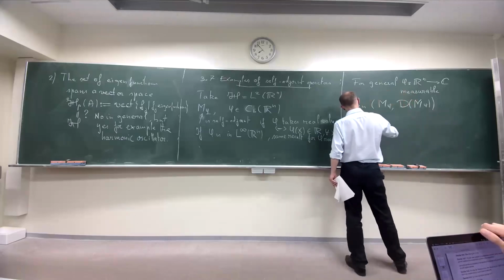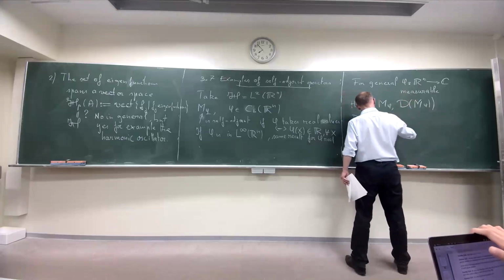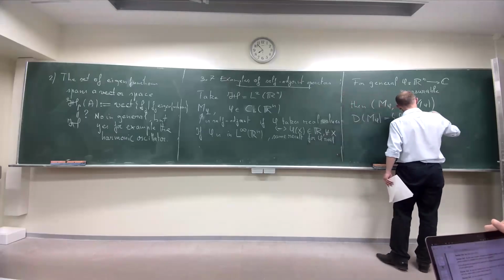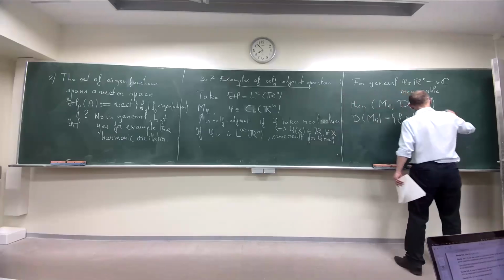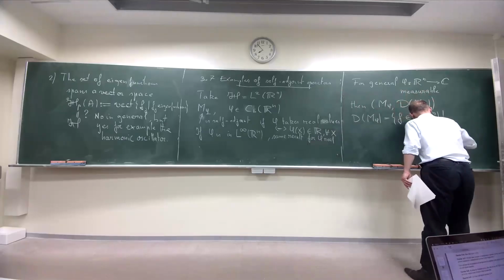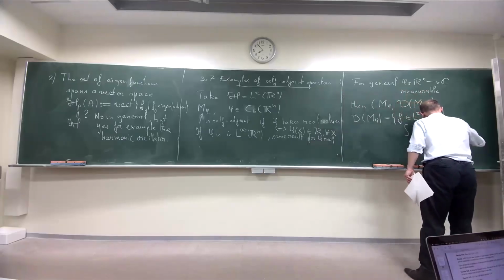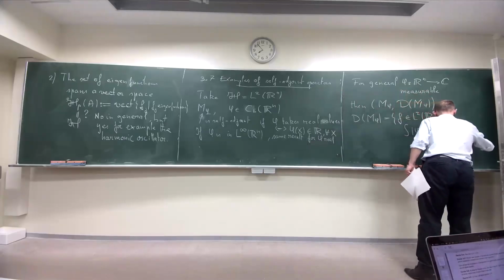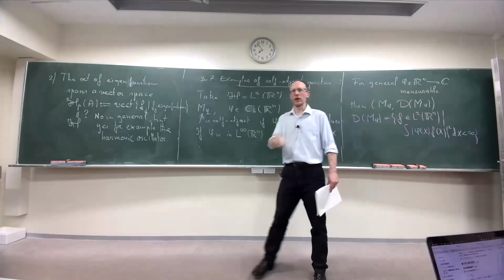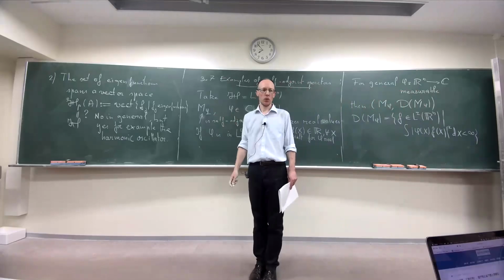The domain of M phi, you just look at the definition. It is the set of f in L2 of Rn such that the integral of the modulus squared of phi of x times f of x, dx, is finite. Because this is how you end up in the Hilbert space when you apply M phi.